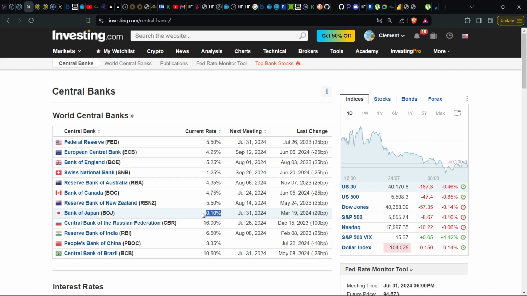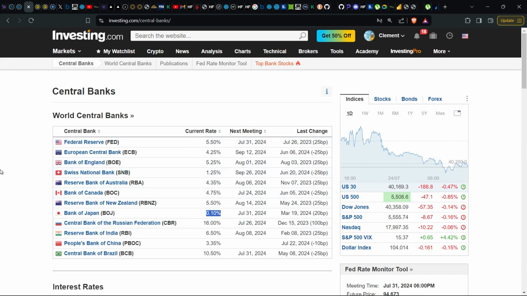For those 2 years, you already expect to see a significant weakening of the yen because their interest rate has been so low, while the other economies have been hiking and hiking and hiking very aggressively.